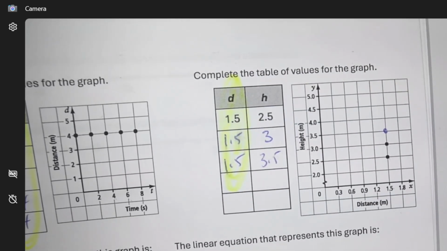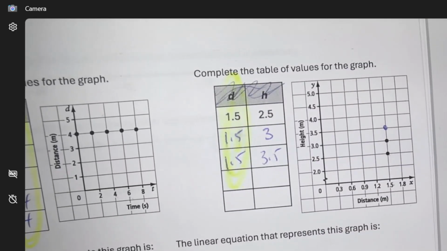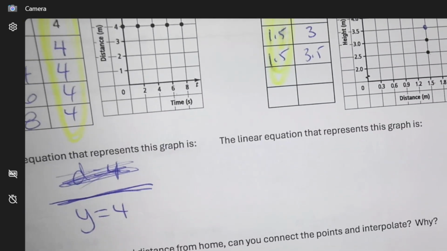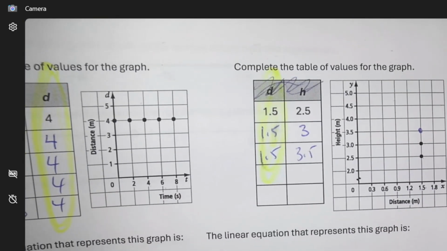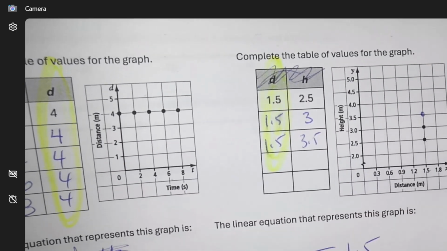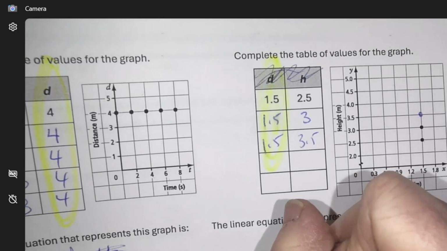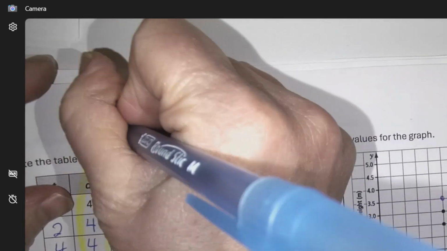I want to talk about x's and y's specifically. So something is always 1.5. Am I always consistently with my x's there or my y's there? X's. Okay, so we have that down.